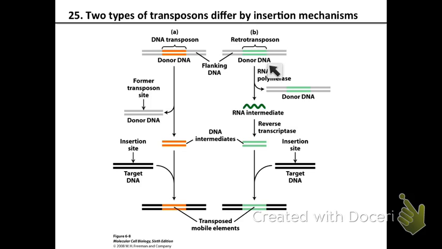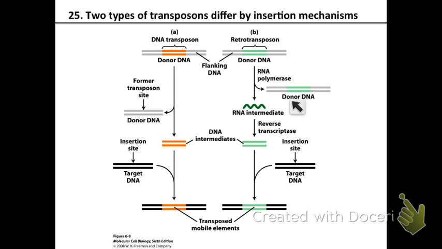The retrotransposons go through an intermediate, and that intermediate is RNA. So the retrotransposon uses a mechanism of jumping that's called copy and paste. What happens first is that you have this retrotransposon inserted in the DNA at the donor site. Then an RNA polymerase transcribes the RNA of this retrotransposon, creating an RNA intermediate.